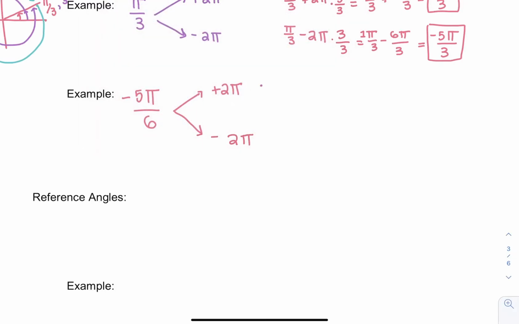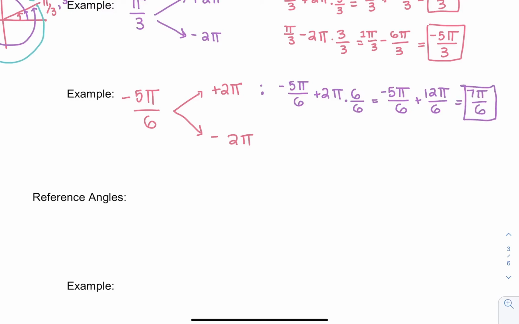So for this first one, we take negative 5 pi over 6 and we add 2 pi. Don't have a common denominator, so I have to multiply by the denominator I want it to be. So this becomes negative 5 pi over 6 plus 12 pi over 6, which turns out to be 7 pi over 6.